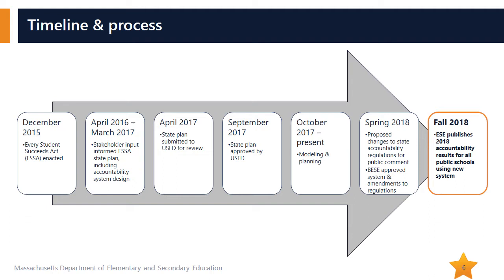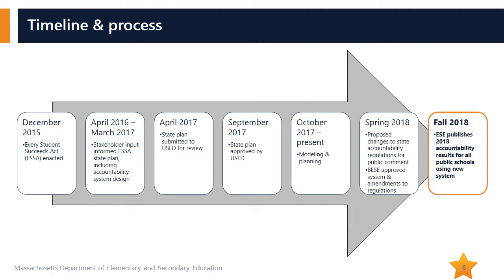Among other things, ESSA requires states to include certain measures in their accountability systems that Massachusetts' existing system did not include. The Massachusetts Department of Elementary and Secondary Education began a long period of stakeholder engagement in April of 2016, asking school and district leaders and other stakeholders about what they would like to see in a redesigned accountability system.